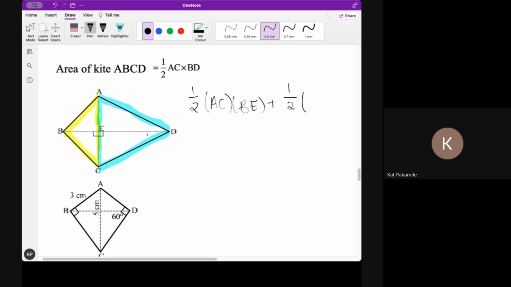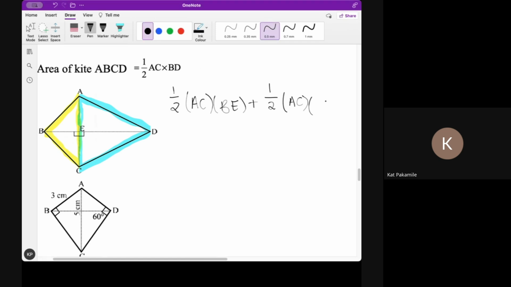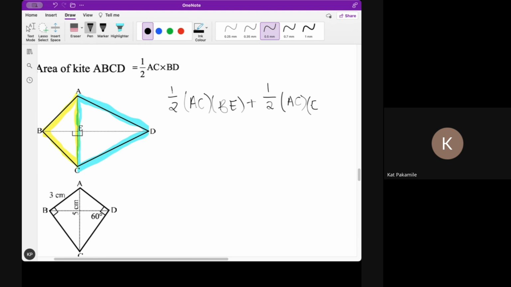My base for the blue triangle, AC again, times the perpendicular height, which is DE or ED.